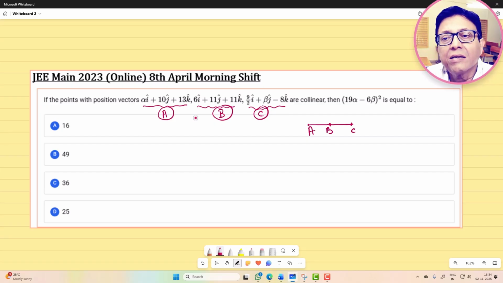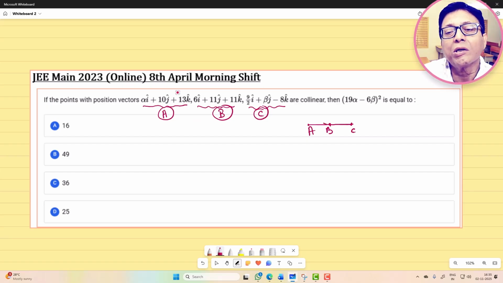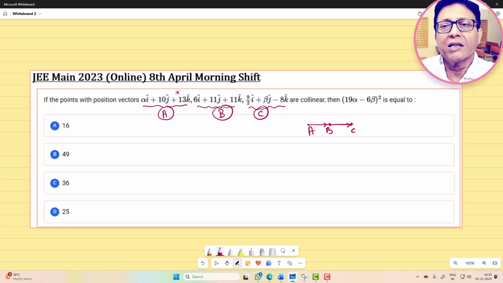Am I correct? Or AC vector is a scalar multiple of AB vector, because I have already mentioned that there is no difference between parallelism and collinearity when we consider 2 vectors.